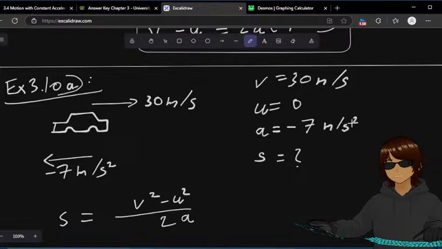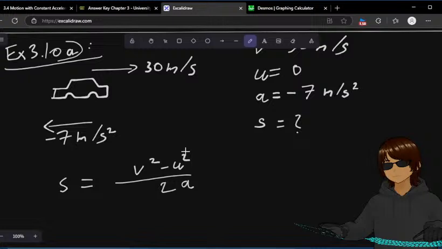So is this correct? Is it negative displacement in the opposite direction?